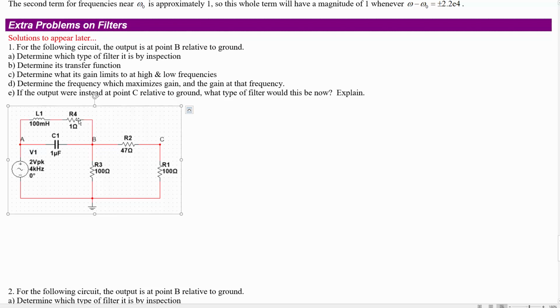The resistor gets in the way of that a little bit, so this doesn't quite create an open circuit perfectly like it would if it was just a capacitor and inductor, and it also doesn't quite limit to 0 impedance at extremely low frequencies because of the 1 ohm resistor, but compared to the other resistors in here, it's almost 0. So then what this acts as is an open circuit somewhere in the middle and short circuits at the extremes of frequencies.